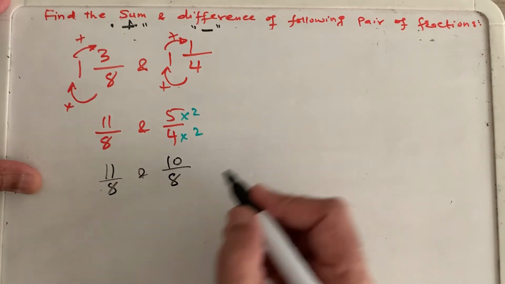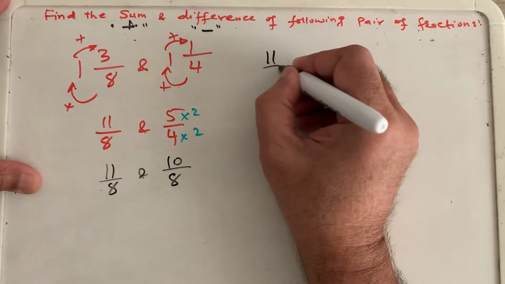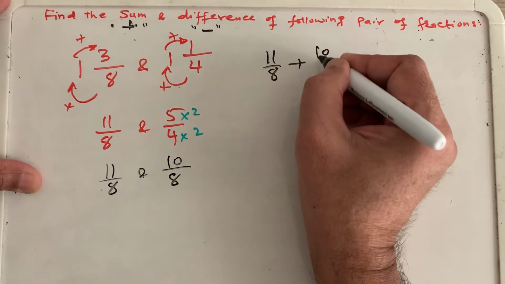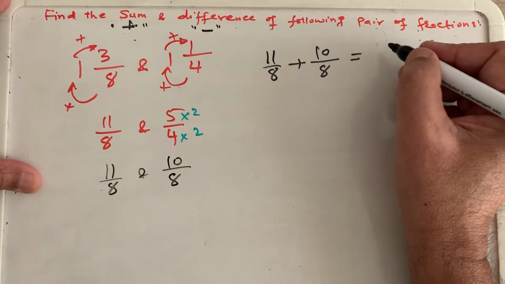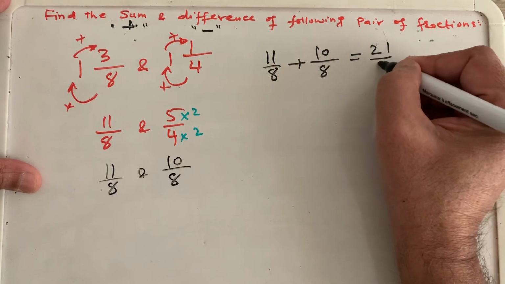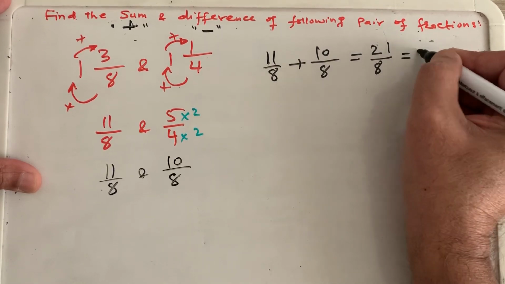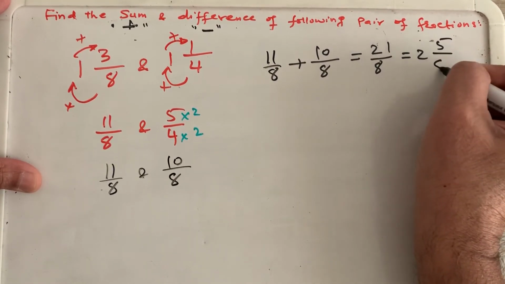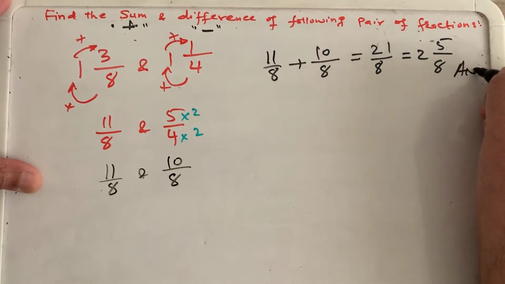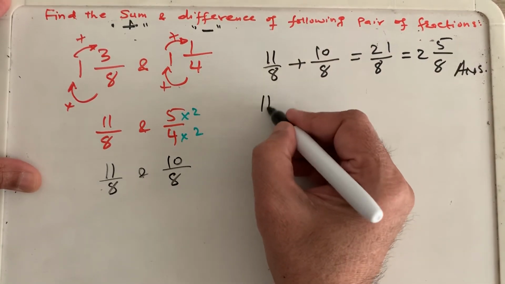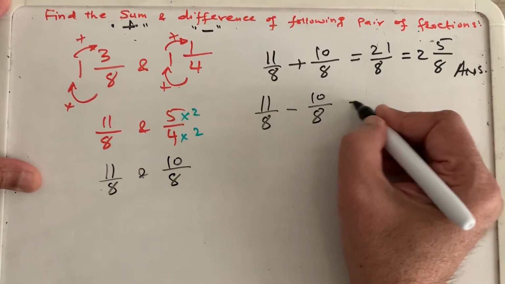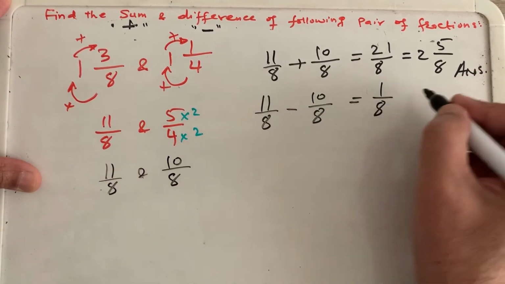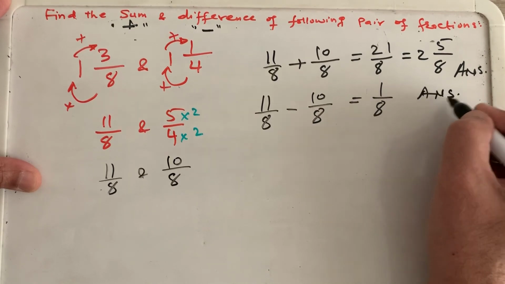So one time we add, one time we subtract. 11 over 8 plus 10 over 8 will give you how much? 21 over 8. And if you divide it back, 2 whole and a 5 by 8 is your answer, right? And similarly, if you have a subtraction, 11 over 8 minus 10 over 8 will give you 1 over 8. Simple. So this is your answer.